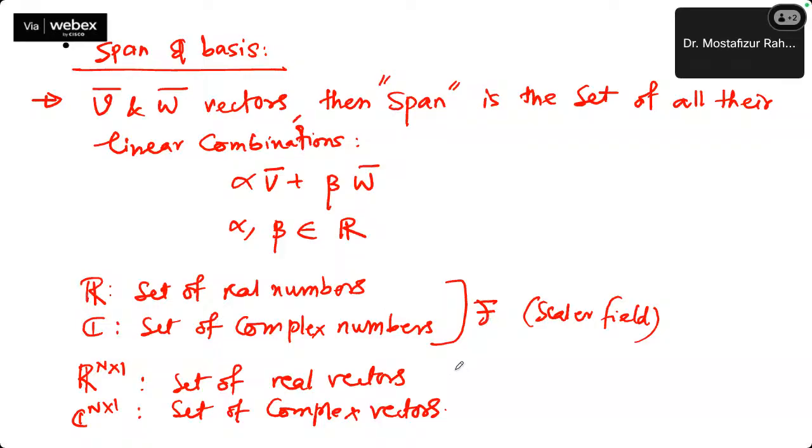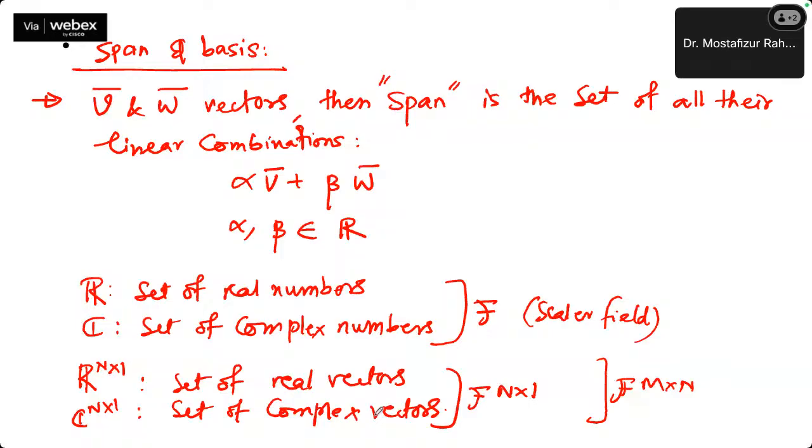I sometimes jointly represent both the set of real vectors and the set of complex vectors by F n cross 1. Similarly, for matrices, I'll be using F m cross n, which can represent the space of m cross n matrices, both real and complex. This is just a representation; you can represent it in a different way.